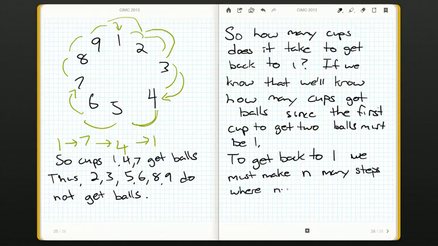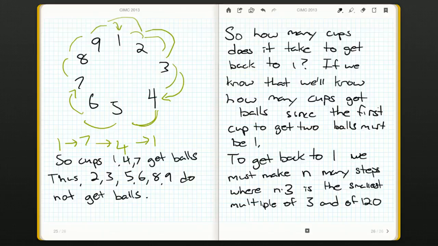So n times, what do we have, 3. So that's the smallest multiple of 3 and 120, because 120 is how many cups you have.